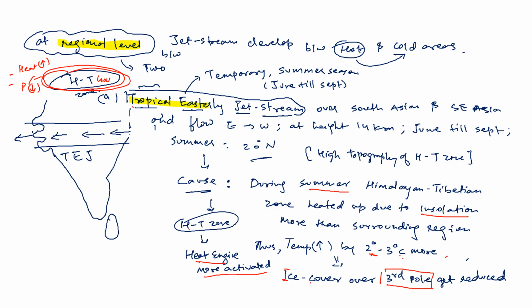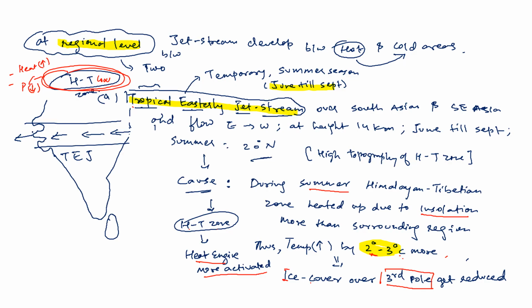An example is the tropical easterly jet stream over India at 15 to 20 degrees north, which exists in the month of June till September. What is the reason behind its occurrence? The reason is simple: in the summers, the Himalayan Tibetan zone behaves like a heat engine, and so much heat is generated that the ice on the third pole gets melted, reducing the ice cover and increasing the temperature by 2 to 3 degrees Celsius more than the surrounding region.